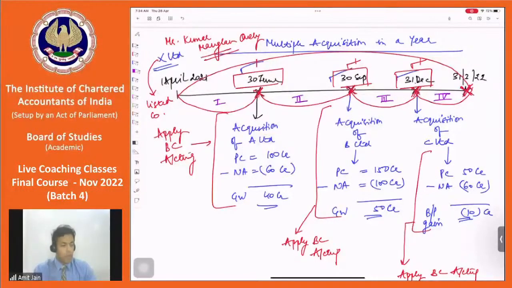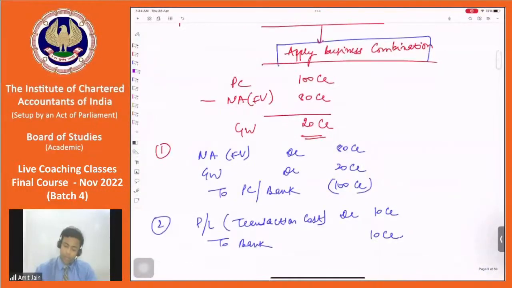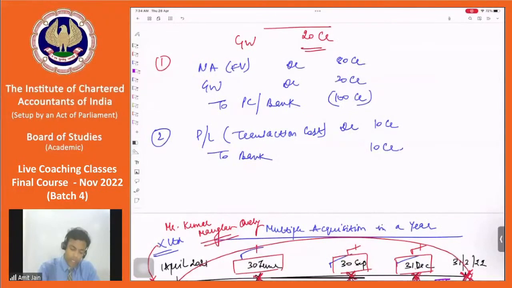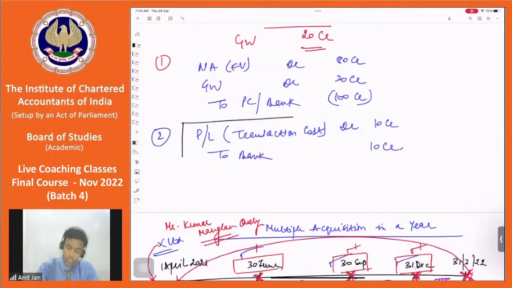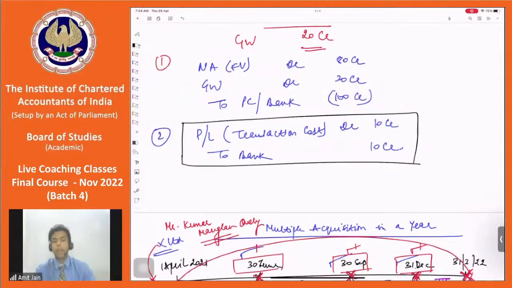Okay, Jay has raised one point: when no separate legal entity is acquired, then expense transaction cost instead of capitalizing. Okay, when there is no separate legal entity acquired, we are charging this transaction cost in the P&L, right? Why? Because for the group, transaction cost is an expense, right?